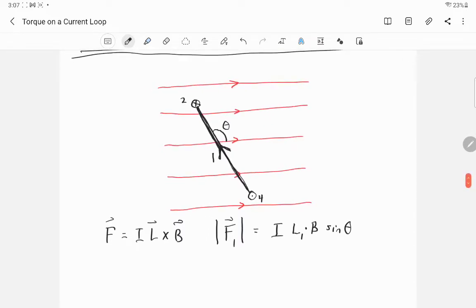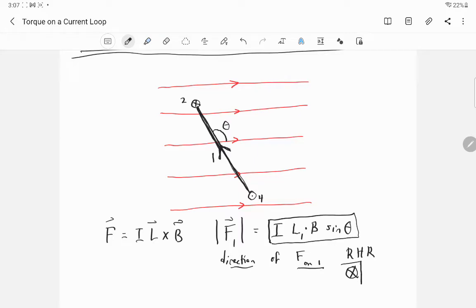The interesting thing, though, is the direction of the force on segment number 1 is given by the right-hand rule. If you use the right-hand rule, you find the direction of the force on line segment 1 is actually into the page. So the force on line segment 1 has this magnitude and this direction.